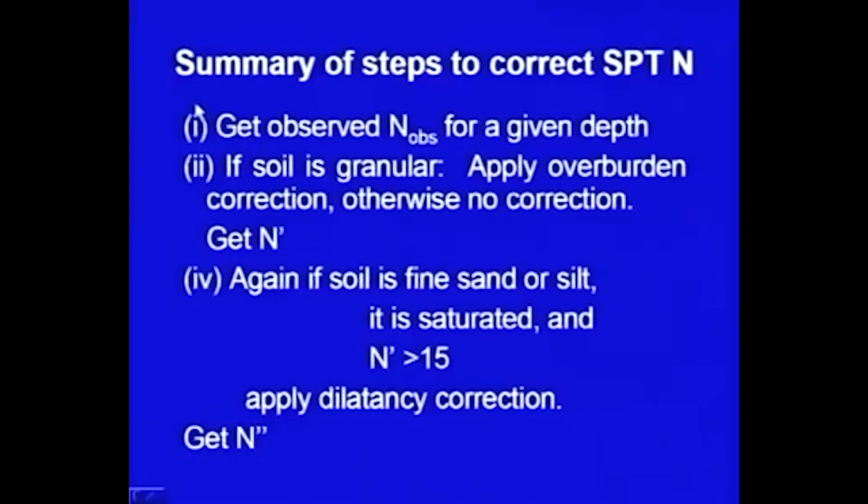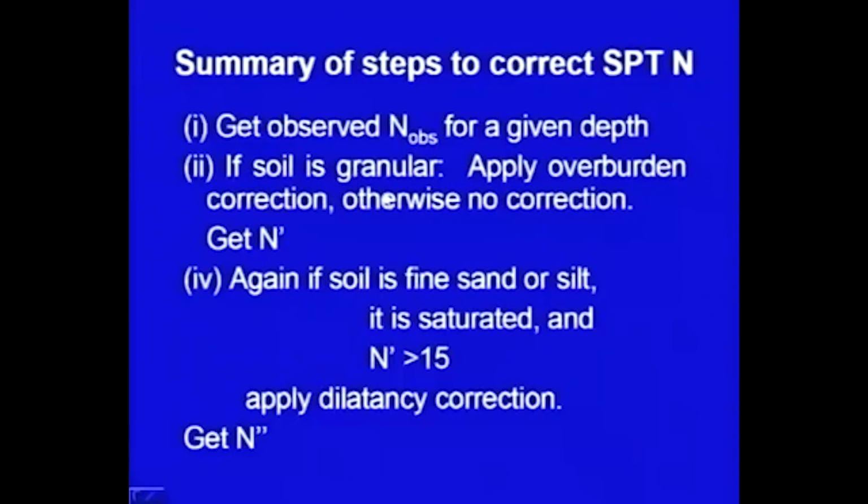Let me now give the summary of these steps. First step is to get the observed N value for a given depth. In fact, when we plan a program, as I discussed earlier, we observe N values at different intervals. So, let us say for any depth, N observed is available.